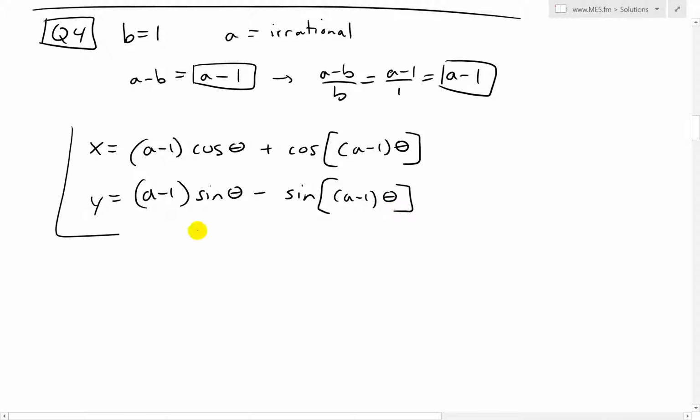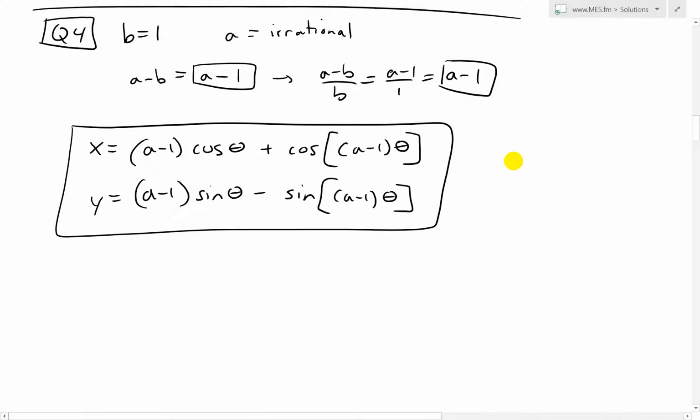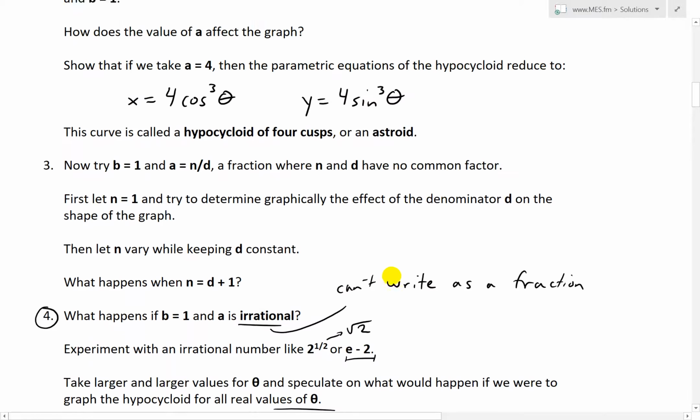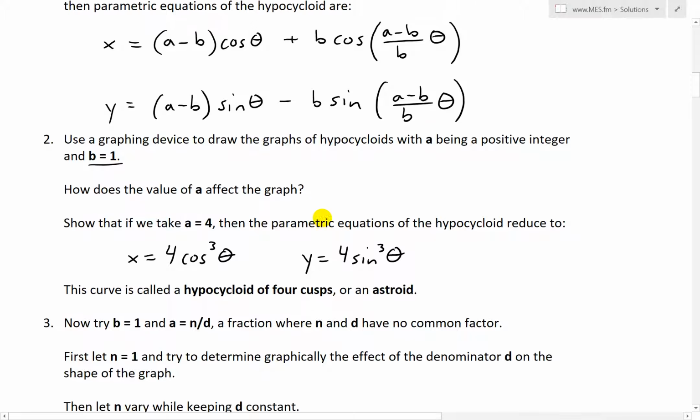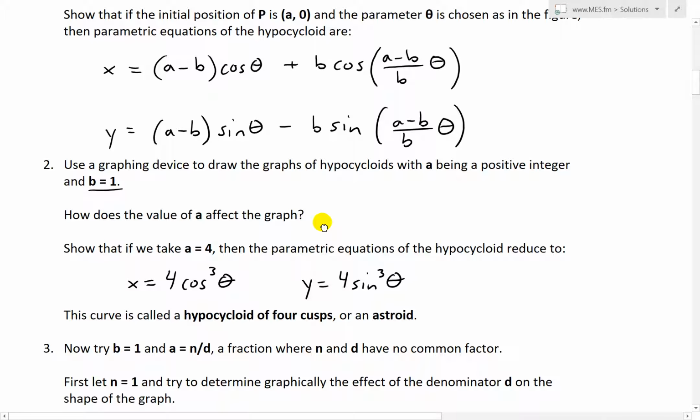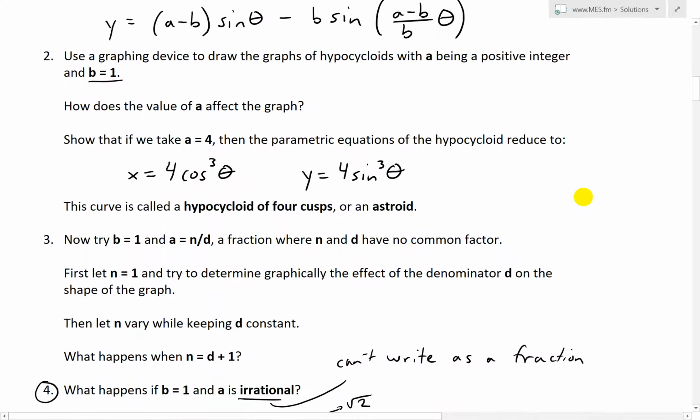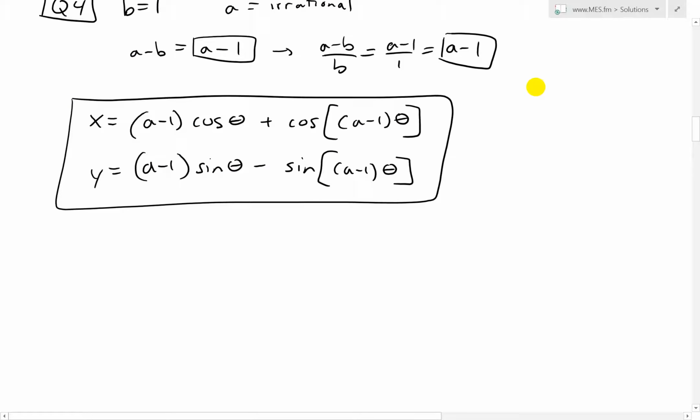So now we graph these equations. If you recall from my earlier video on question 2, we had b equal to 1, and it was the same thing here. What I showed in part 2 was that this was just a hypocycloid, the same as Q2 when I was graphing it.